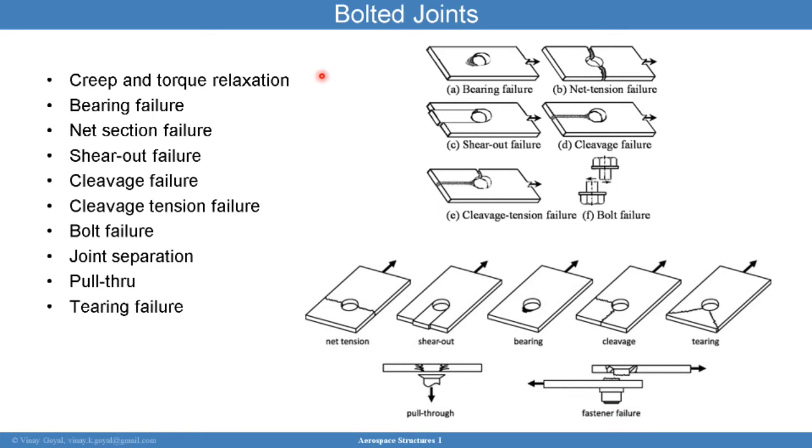You also have creep and torque relaxation. What I mean with torque relaxation is, when you have a bolt under preload, and the preload is applied over a long period of time, years maybe, that preload will start reducing over time because of torque relaxation, and plus the material could start creeping, the bolt shank, and so those two things together can then cause a preload loss, which then causes a significant issue with the gapping that we discussed and other things like that.